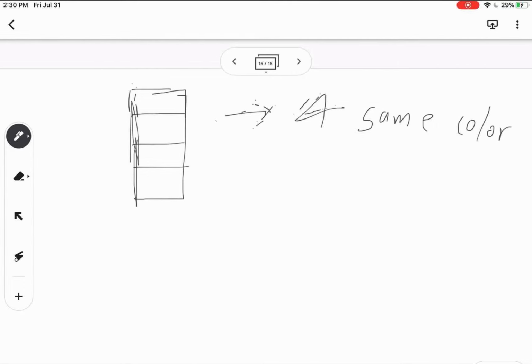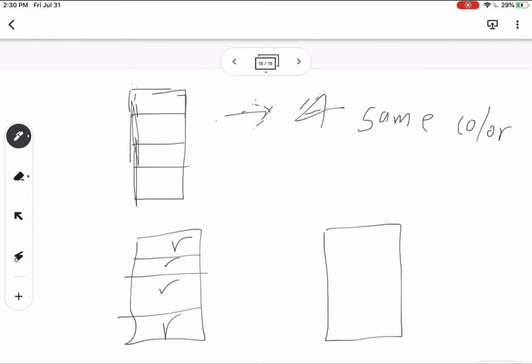Well, then if you have your R's here, another column you cannot have 4 reds, or you would have at least 3 greens here, right? Because if you have 2 reds, then that makes a rectangle, and we want to avoid those.